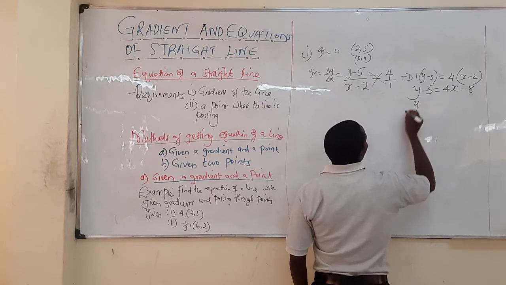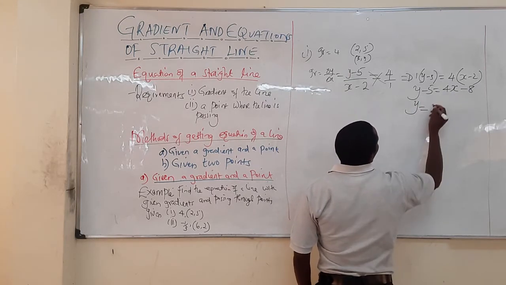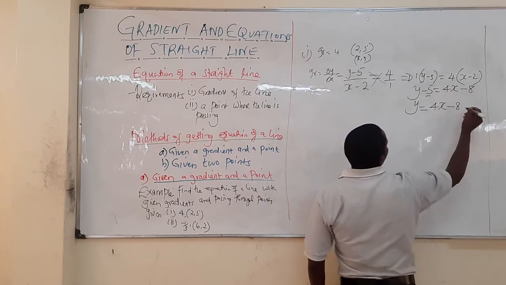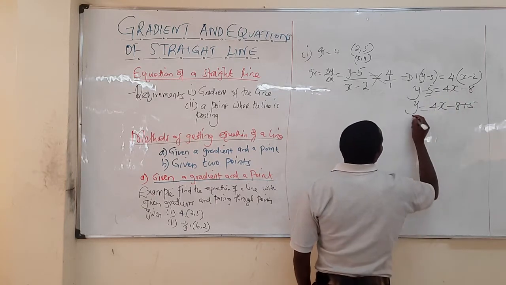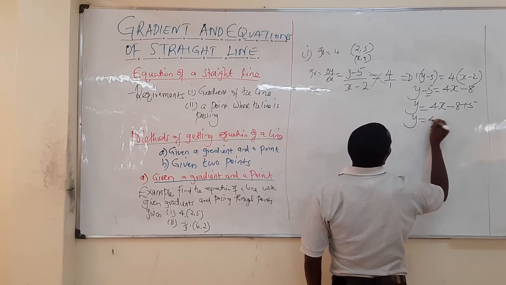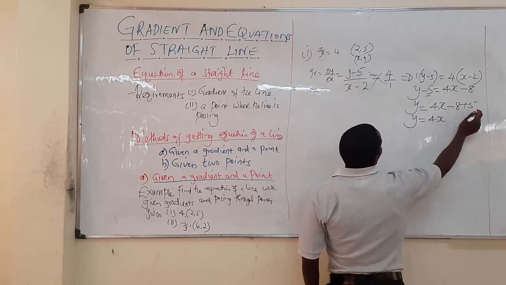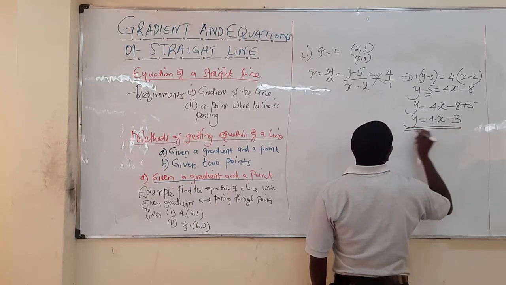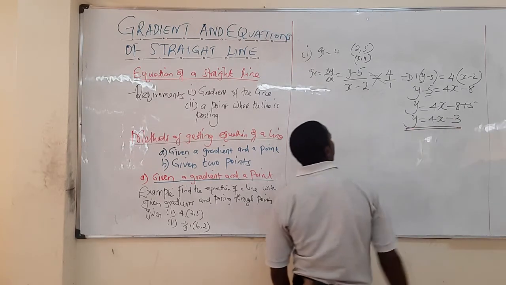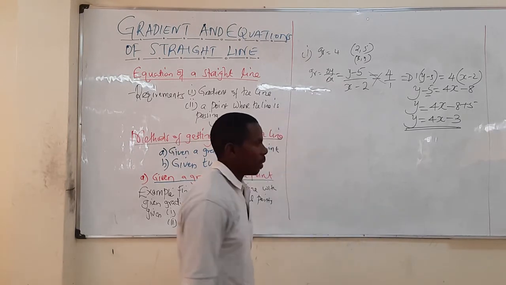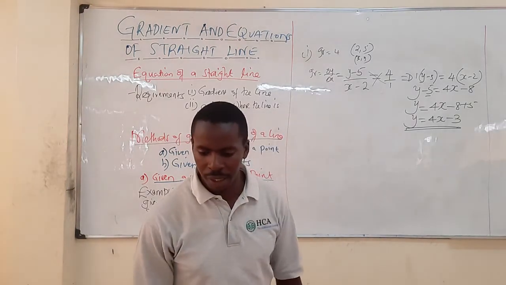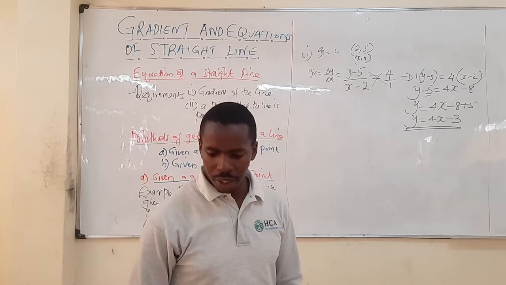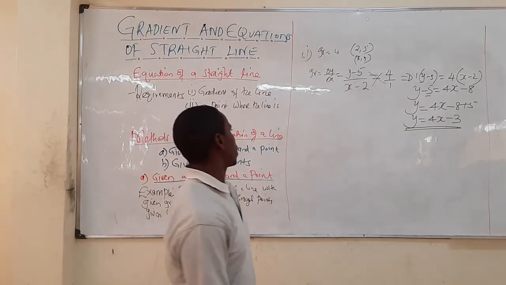Then we have y on one side, and minus 5 goes to the other side as plus 5. So y equals 4x minus 8 plus 5, which is minus 3. So the equation of the line is y equals 4x minus 3. Let's look at part 2.